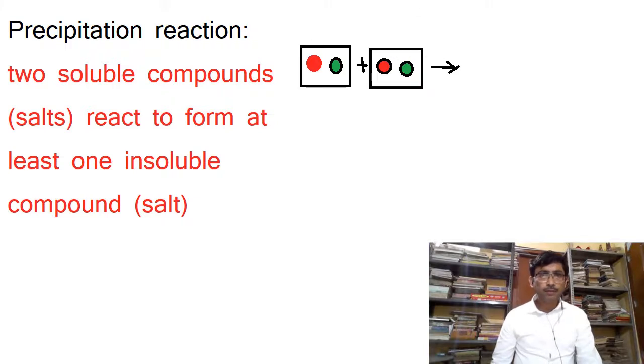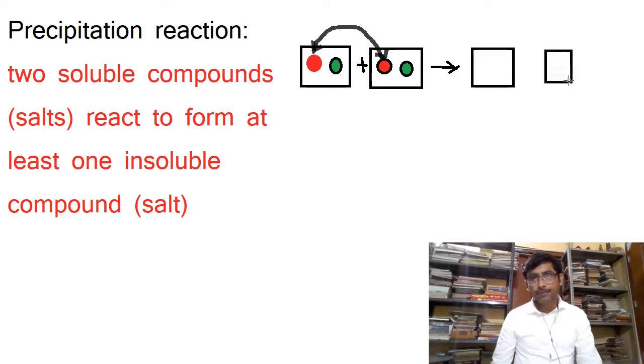So in this, the metallic ions are going to exchange their places, and that is going to lead to the formation of two new compounds with metallic and non-metallic ions, or the ions present in the two substances mutually exchanging their positions.